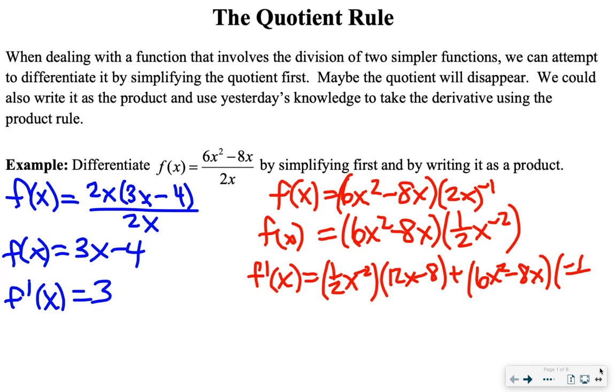Hold on there. This should be a 1 up there. There we go. So negative 1, negative 1x to the negative 2. There we go.